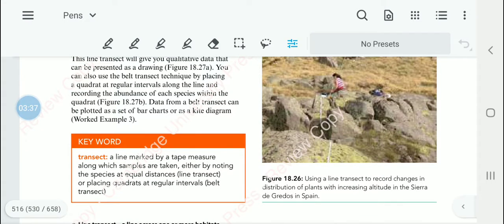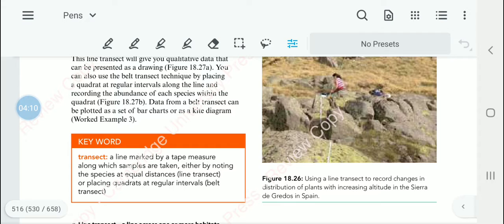This method is used when there is a physical feature that changes, and when we have to select certain areas or habitats rather than going for random observations.